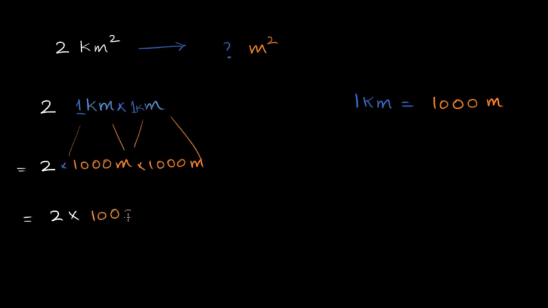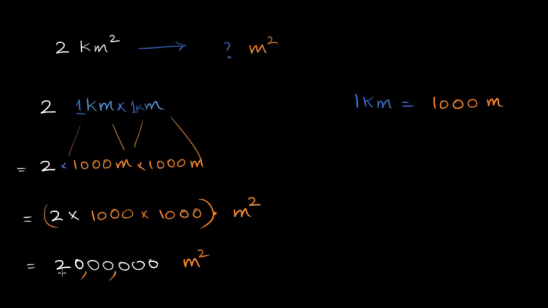That's huge. 1,000 times 1,000 multiplied with meters into meters or meters squared. So all my numbers together over here. And what's that going to be equal to? 2, and 6 zeros, 1, 2, 3, 4, 5, 6 meters squared. And what is that? That's, if I use my commas, 20 lakh meters squared. 2 kilometers squared is 20 lakh meters squared.